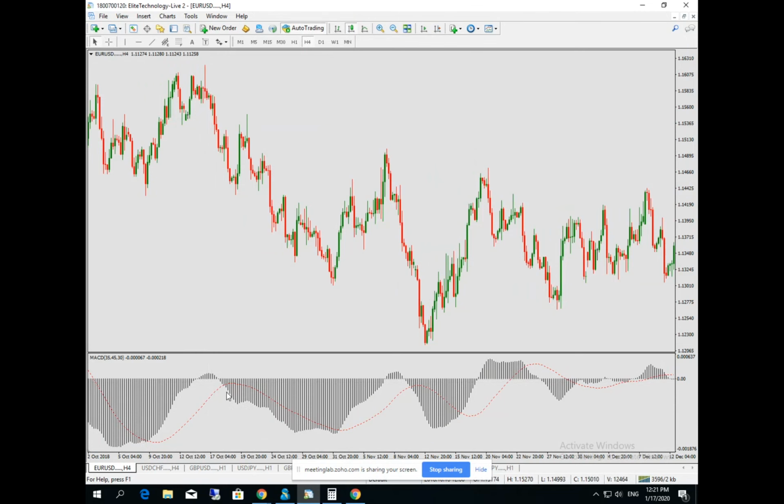Here is where the short EMA crosses from above to below the long EMA in the MACD indicator. As you can see here, that's the area. So at this point, it's a signal for a sell position, which is about this area.